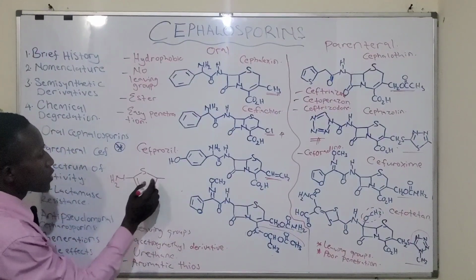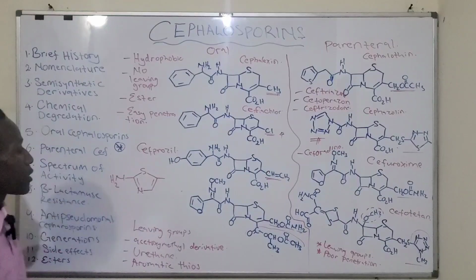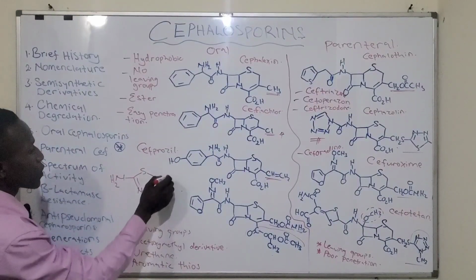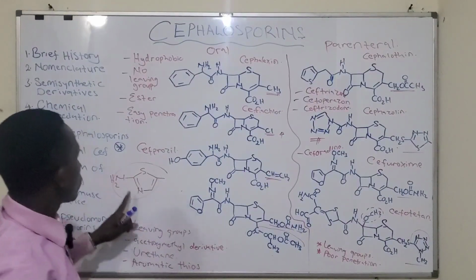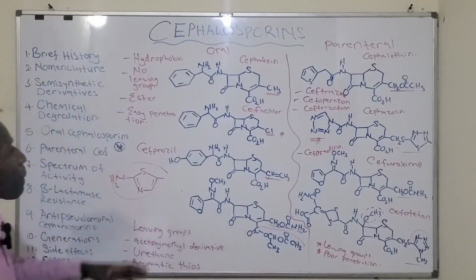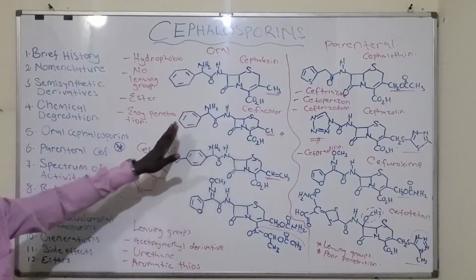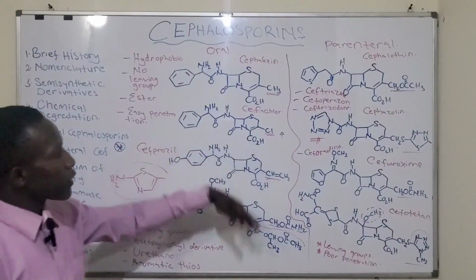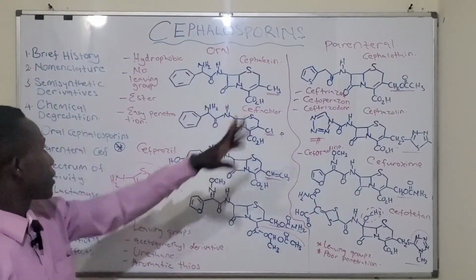So this drug is difficult to penetrate through the GIT membrane. So if you see them, they are all parenterals. Now that's some of the information about the oral drugs and parenteral drugs.